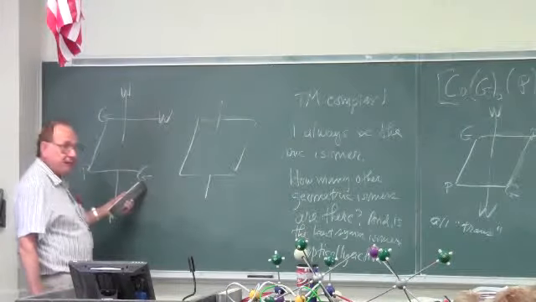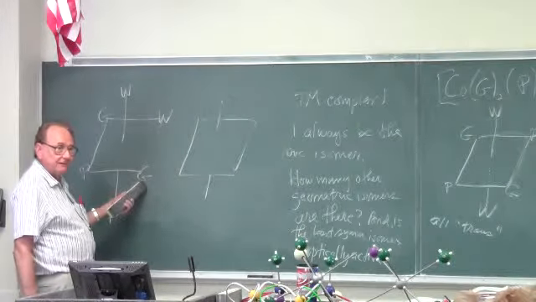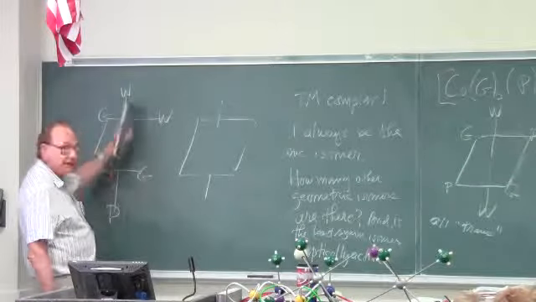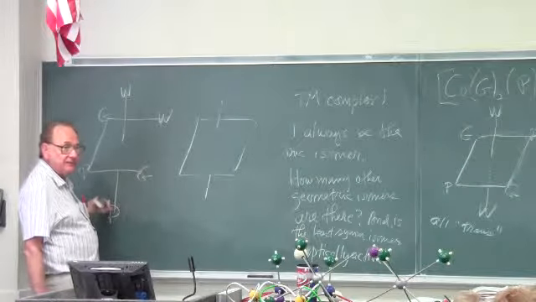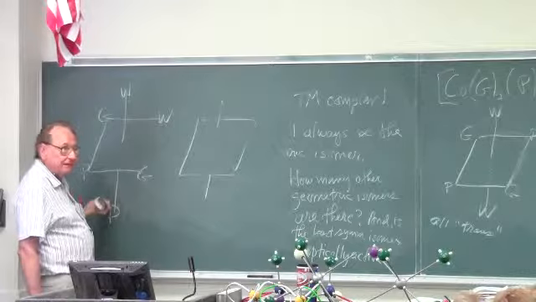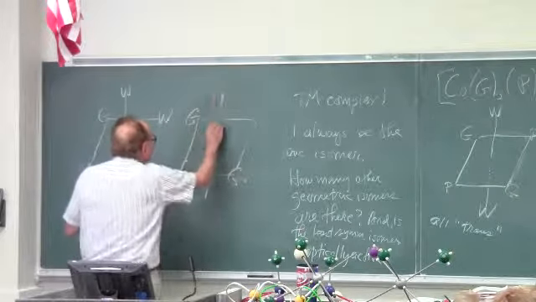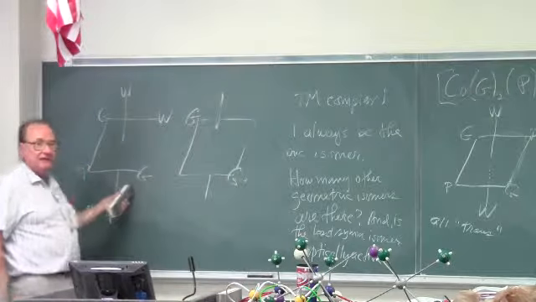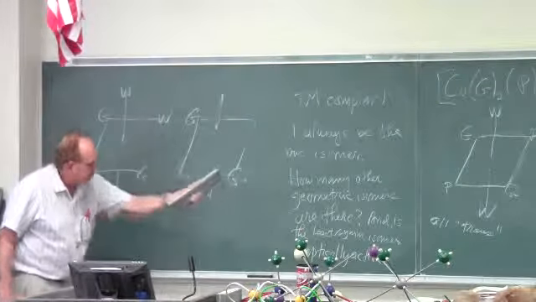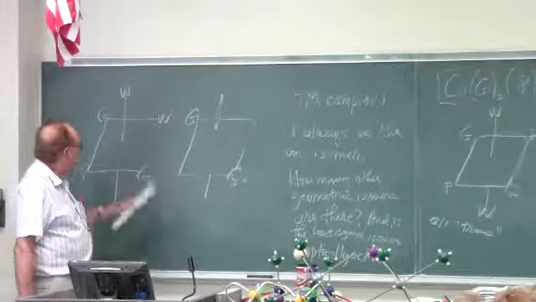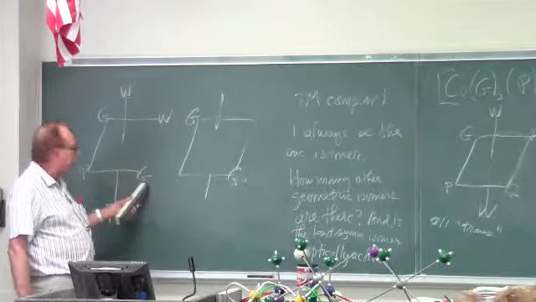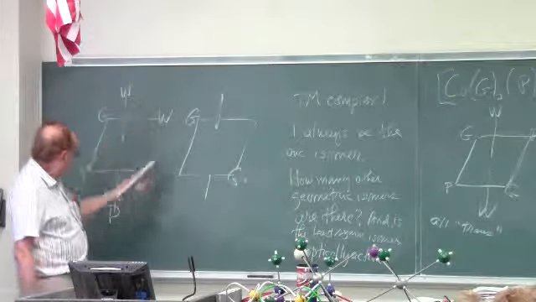Can I keep the green green as they are? And reposition PP and WW and make another geometric isomer? All right, I'll keep the green green as they are. Now you folks who are insisting I can make another geometric isomer, different from any that we've seen so far, by keeping green green where they are, tell me where to put the W's and the P's.